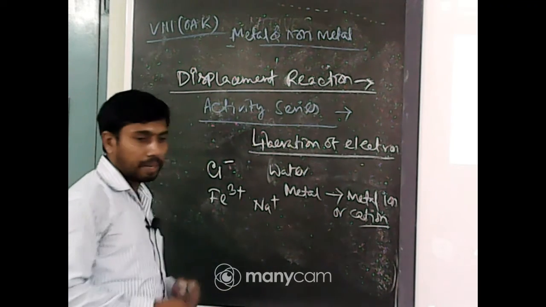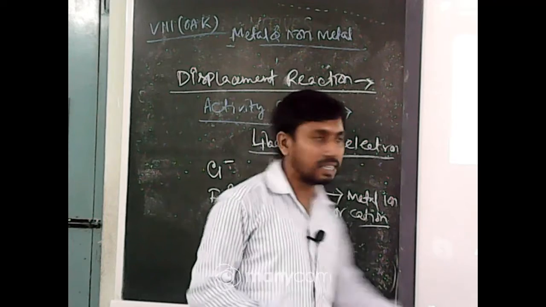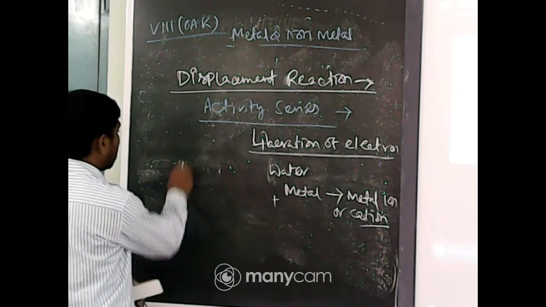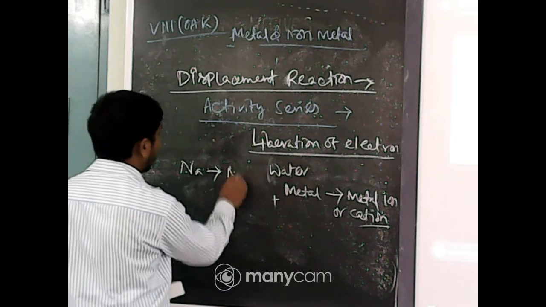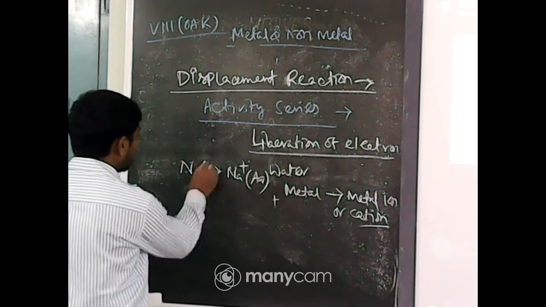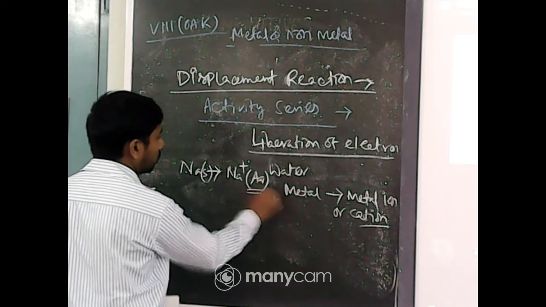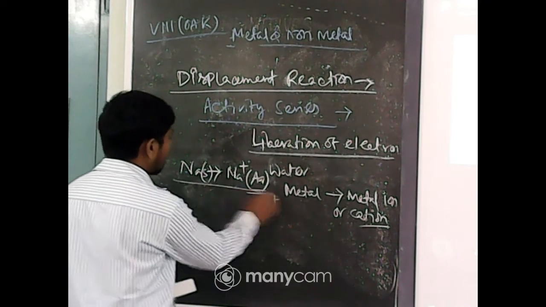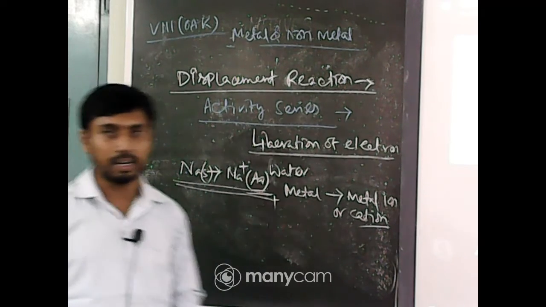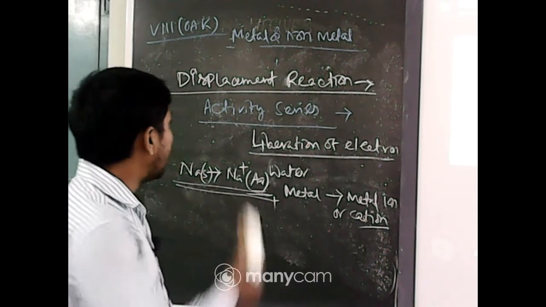Now when the metals are transferring their state, suppose I am writing sodium to Na plus Aq. Now it is in solid state, it is in solution state. When this transformation occurs, a potential is generated which comes in the activity series.